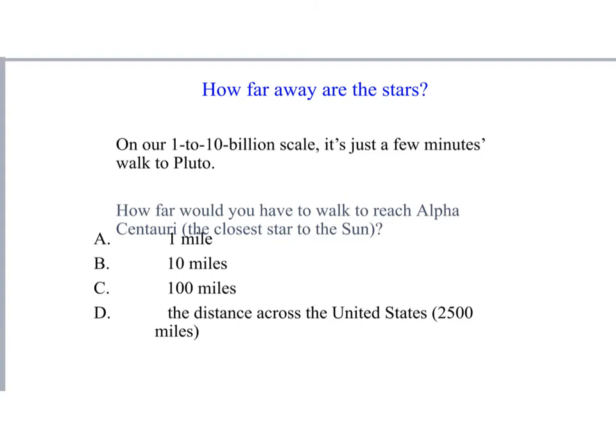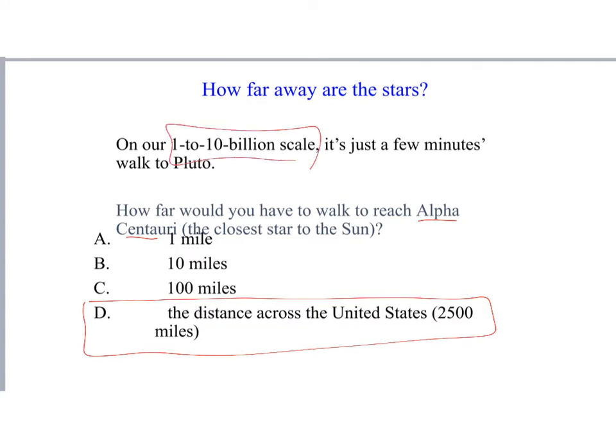But how far would you have to walk to reach Alpha Centauri, which is the closest star to our own solar system, and also the closest star to us as a planet? Some options here would be 1 mile, maybe 10 miles, 100 miles, or as it turns out, you will have to walk on that scale 1 to 10 billion.